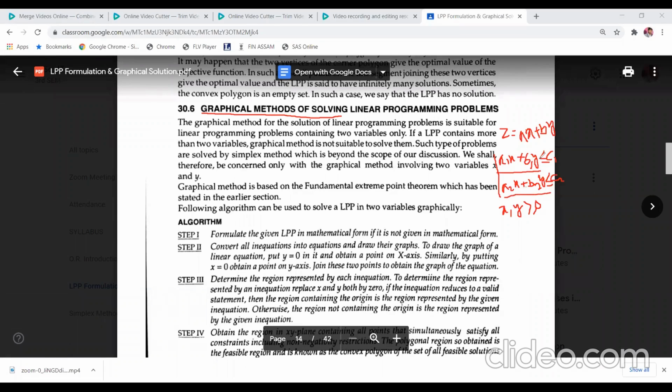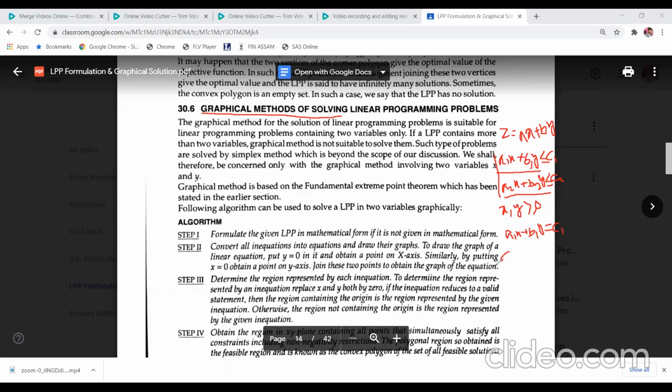That means, this inequation a1x plus b1y, which was less than or equal to, so that's why it's an inequation, you have to convert into an equation, so put equal to c1. Similarly, all the constraints you have to convert into equations.